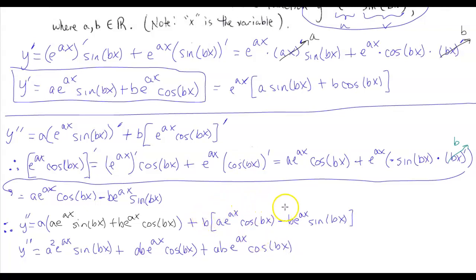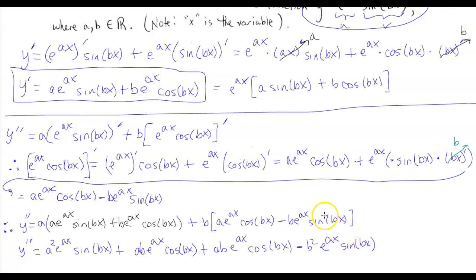And then we also have this b over here, so this will be a minus b squared e raised to the ax sine of bx.